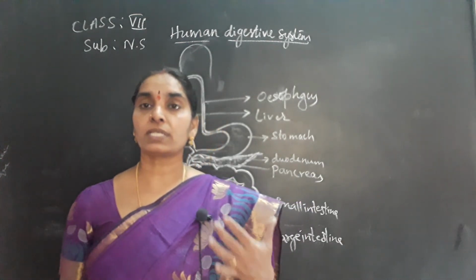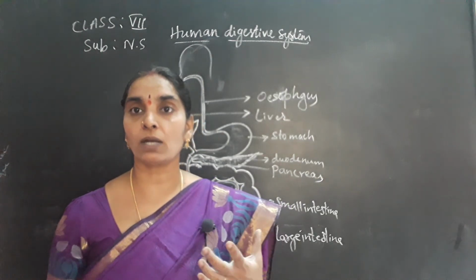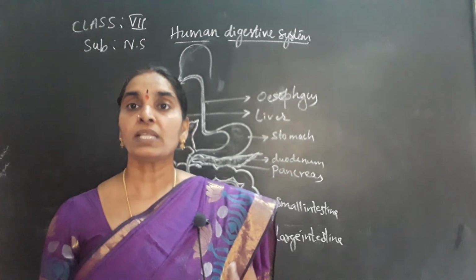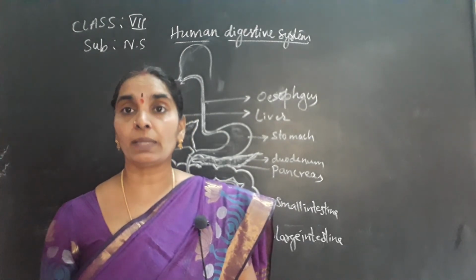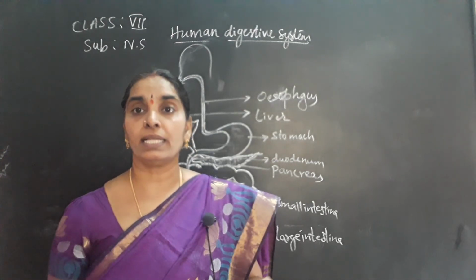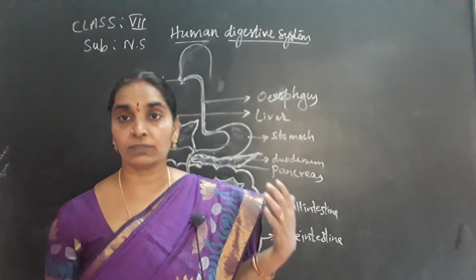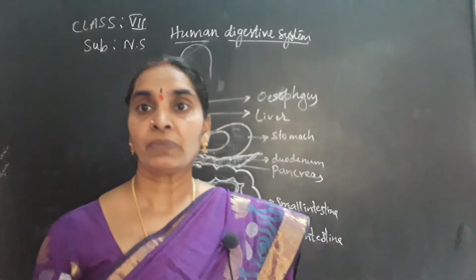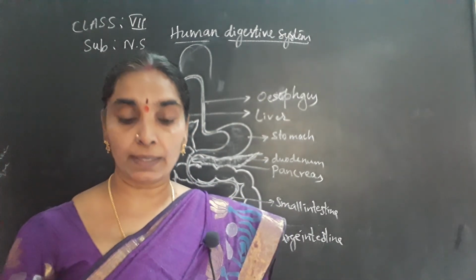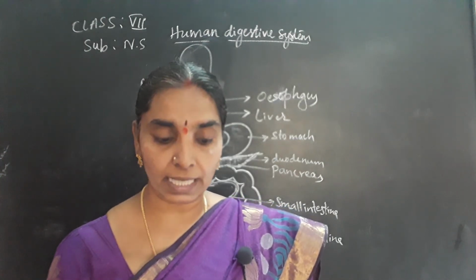In that, we have studied the rumination process. In the rumination process, cows, buffaloes, sheep and goats take grass; they are ruminants. They have the capacity to digest the cellulose present in the grass, because the bacteria present in one of the chambers of their stomach help in the digestion of cellulose.